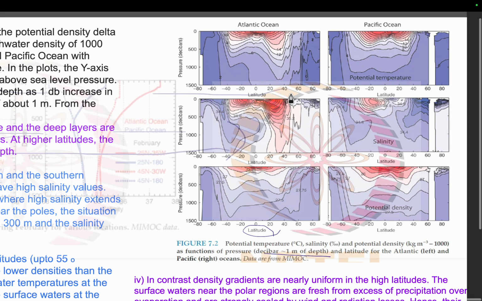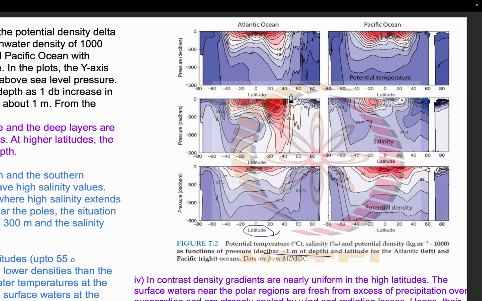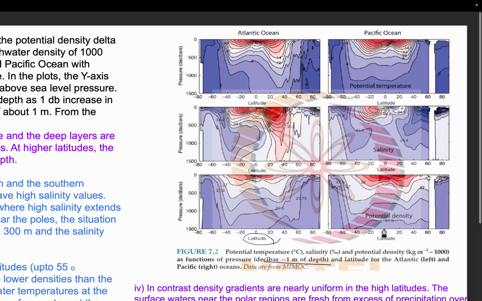Excuse me, ma'am. Yes. Between latitude 60 to 80, there is a white strip, right? Right hand side, Pacific Ocean, between 60 to 80, the white spot.